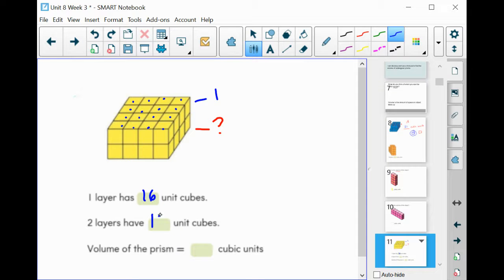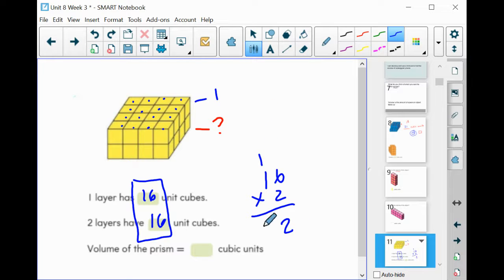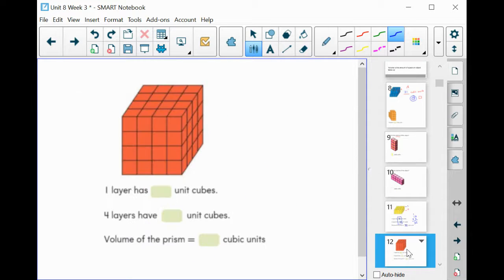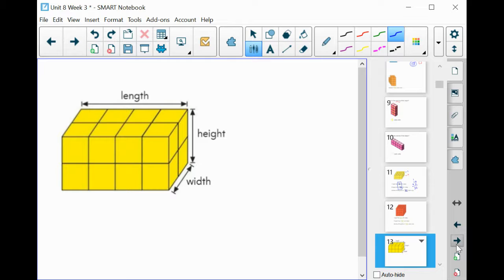It also has to have 16 unit cubes. So if we want to find out how many unit cubes there are together in this, we can either multiply 16 times 2, or we can add 16 plus 16. Either one of those that's fine, up to you. 32 cubic units. Okay, moving on. So we can do the same thing with this shape here. We're not actually going to do that one.